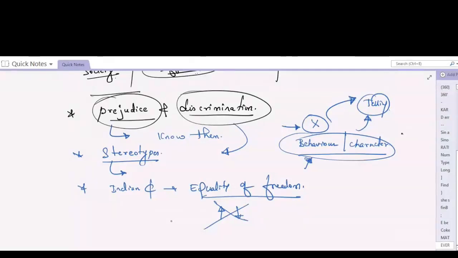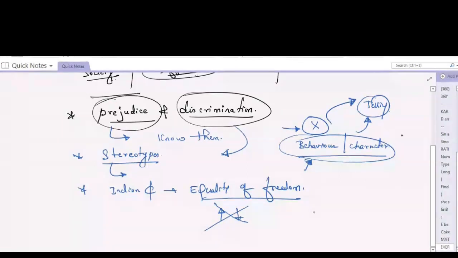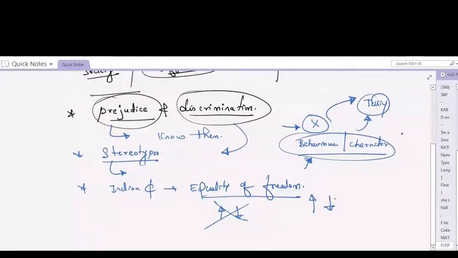But still, the discrimination has not come down. Are you getting it? The Indian Constitution has already stated that we should not maintain this, but still we have this discrimination. Why? What is the reason? Did you understand the question? Yes, sir.